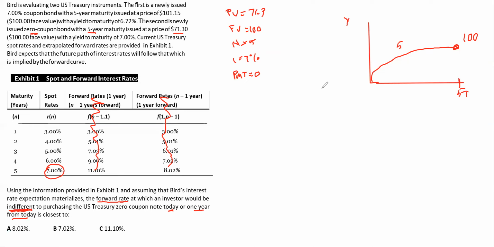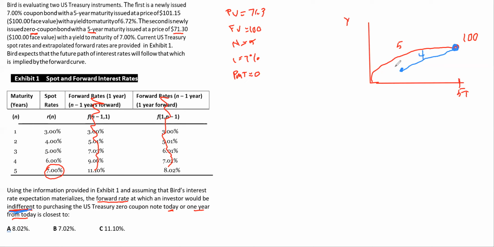Remember this word indifferent. That's what we're after here. It means that at the end of your time period, which is 5 years, you'll have a certain ending wealth. And if we wait 1 year and then start to invest, this should also grow to $100, and this will be 4 years.